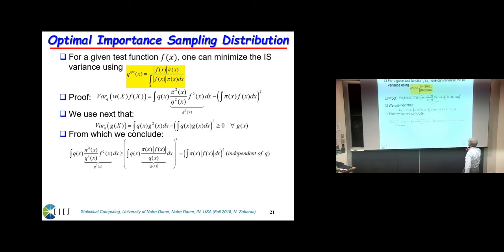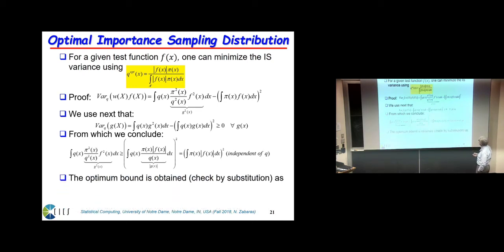And so if you expand, you can show, if you plug this in there, that basically the variance becomes equal to 0. Okay? It's a one-line calculation, but this is how the answer looks for this optimal estimation.